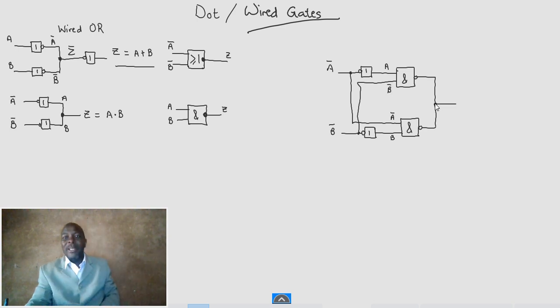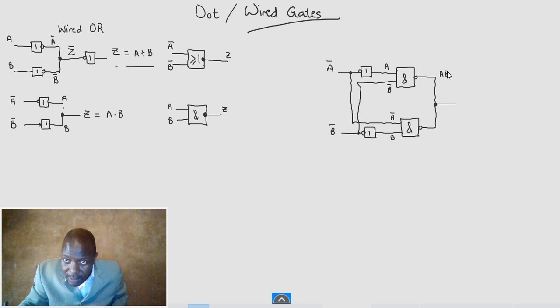Now it's wired together, so it still follows that if there is a 0 anywhere as an output, it will pull the output of the NAND gates. If any of them is low, it will hold the other one low as well. So now the output here will be A, NOT B went in, but this is the NAND gate. This one here with NOT A, B, but that's a NAND gate.